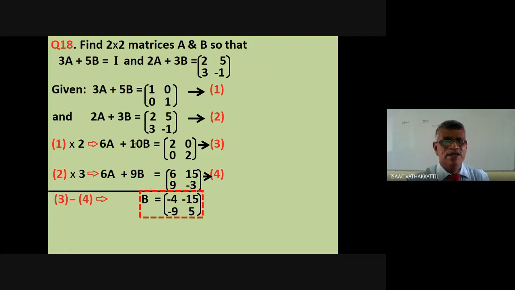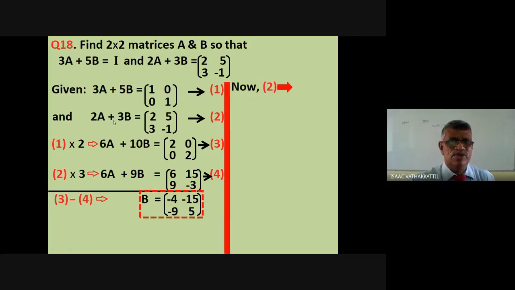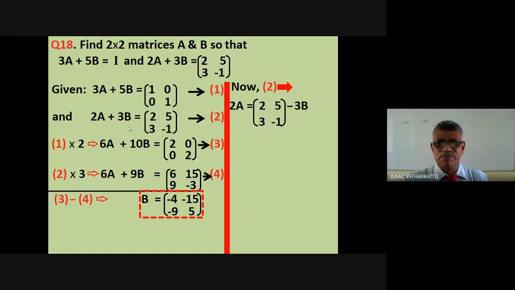Now, having got b, what about a? Which equation do you consider? I think I'll better consider equation 2. Equation 2 gives 2a equal to 2, 5, 3 minus 1 minus 3b. But we have b here. What is 3b? 3b will be minus 12, minus 45, minus 27 and 15.